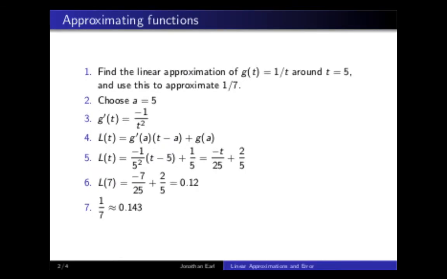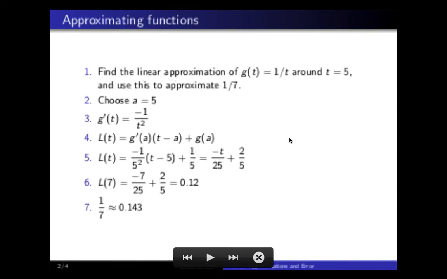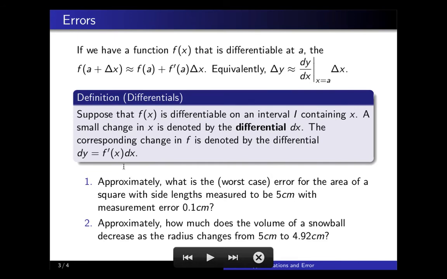So we're taking the idea from this picture, this f prime of a delta x, to be our differential. You could find the exact difference if you wanted, and I'll come back to that in just a moment, but what we're going to do is just approximate things.